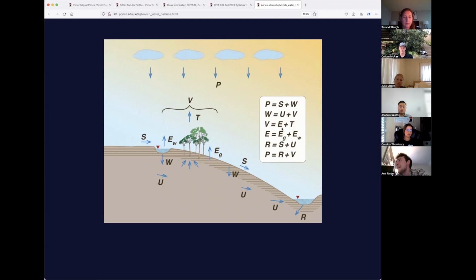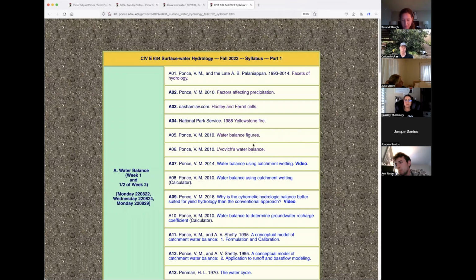Vaporization goes into E, which is from the surface, and T from the plants. E from the surface is from the ground and from the water. Runoff is total S plus U, and P is R plus V. So it's a complete, cogent, completely coherent set of water balance equations.